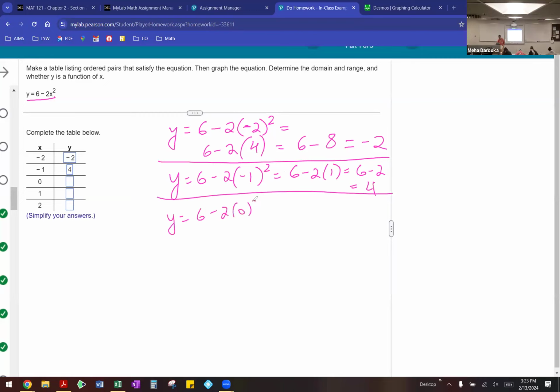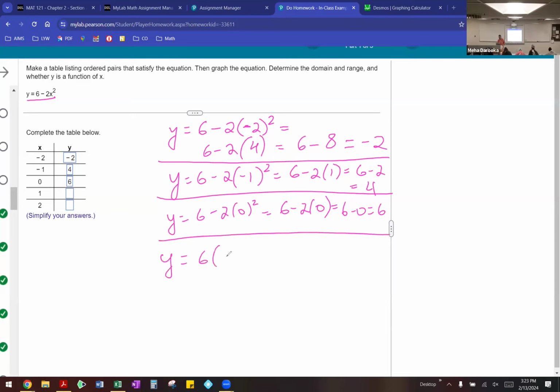That should be pretty easy. You're doing 2 times 0, which becomes a 0, but the 6 will stay. So simple little calculation, people, please be careful.